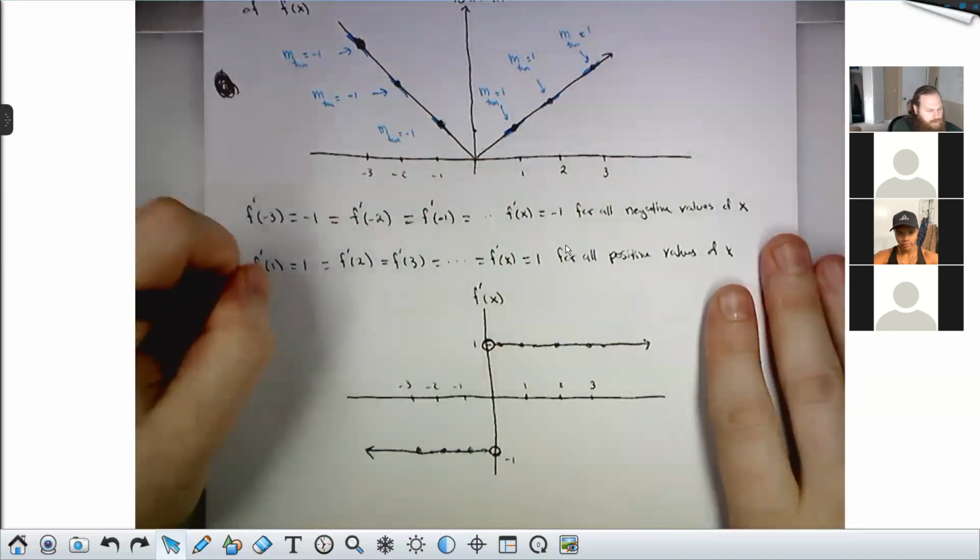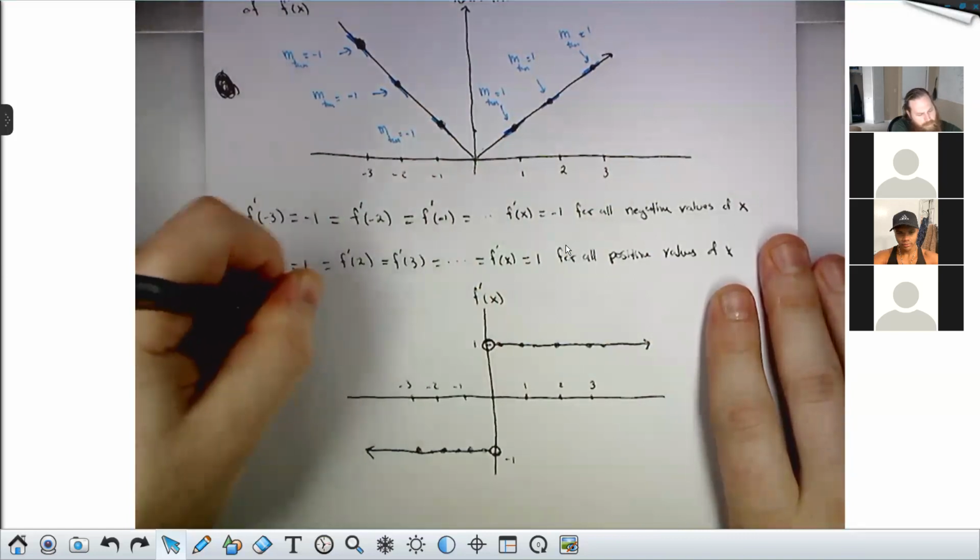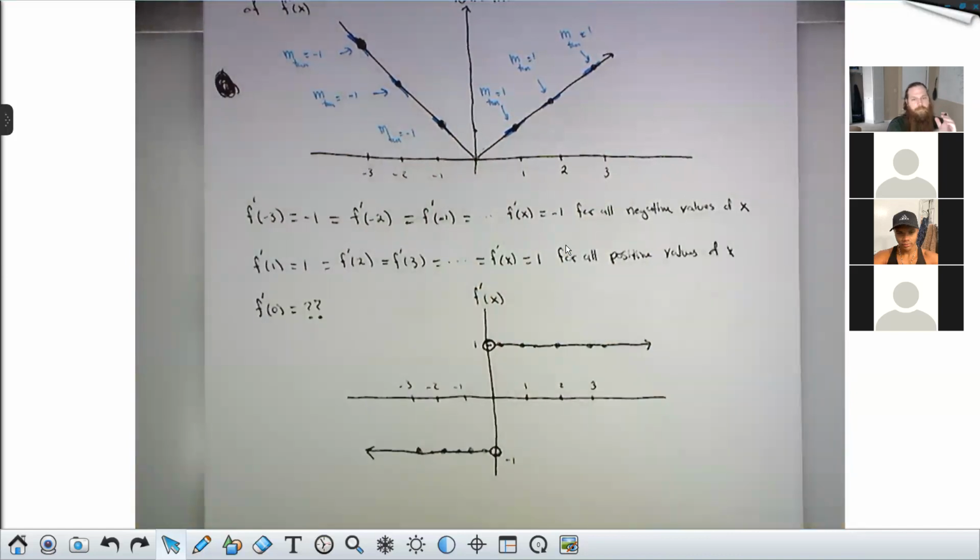So the big question here, what is f prime of 0? That doesn't exist. That's going to turn out to be the case. Yeah, f prime of 0 does not exist, and I'll prove it to you in a minute.